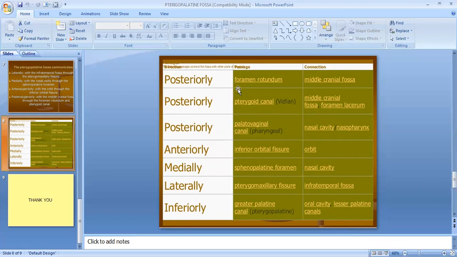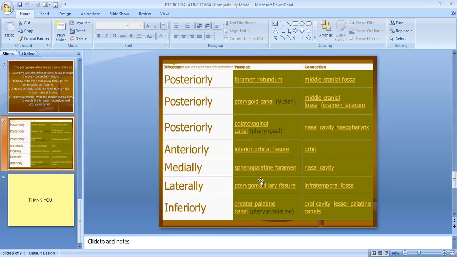Posteriorly, as we have discussed, through the foramen rotundum it communicates with the middle cranial fossa, and also with the pterygoid canal. Through it, it communicates again with the middle cranial fossa, and through the palatovaginal canal with the nasopharynx. Anteriorly, through the inferior orbital fissure, it communicates with the orbit.